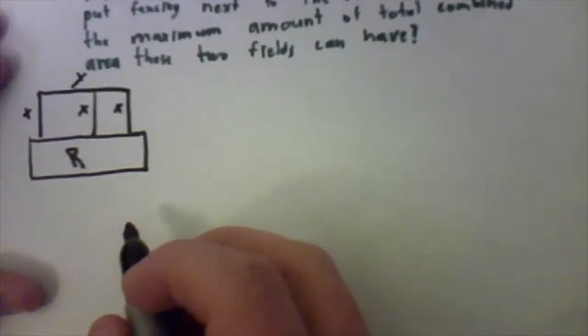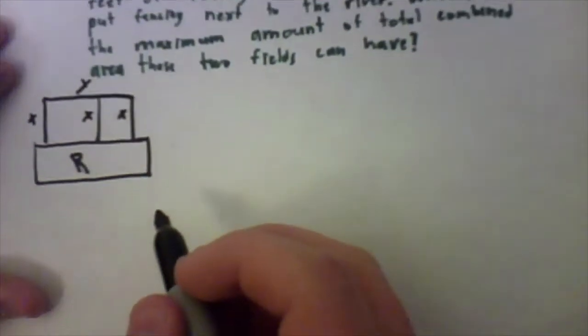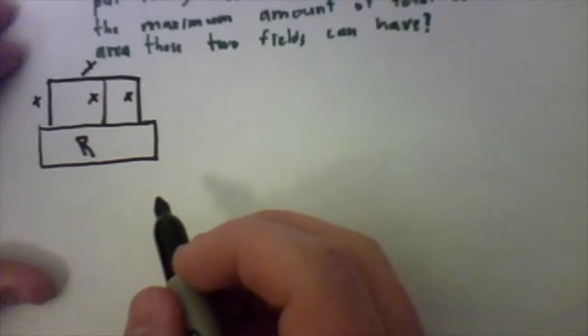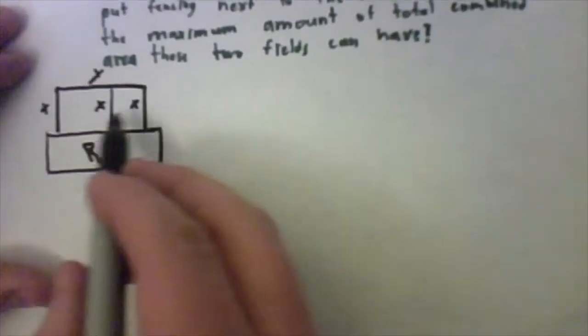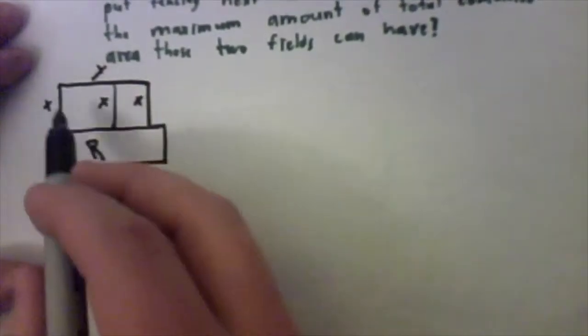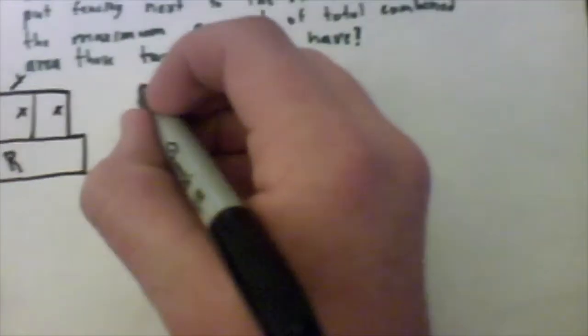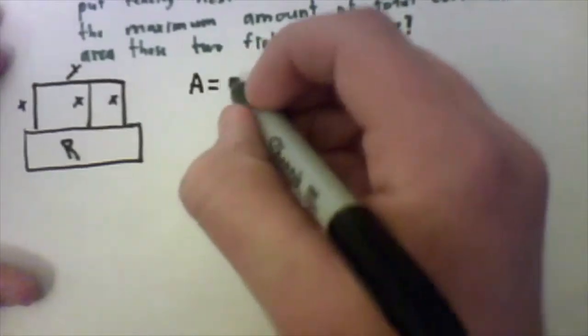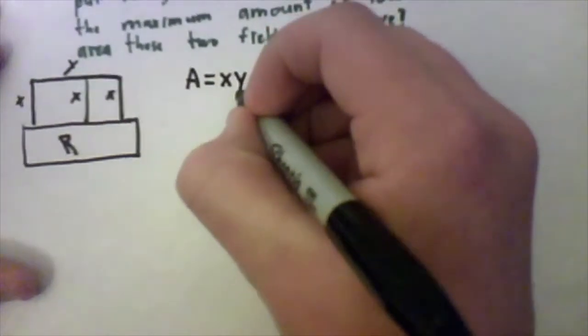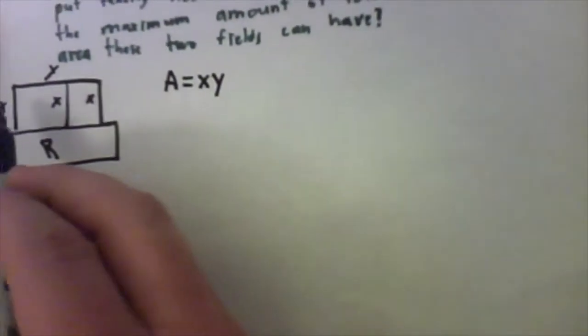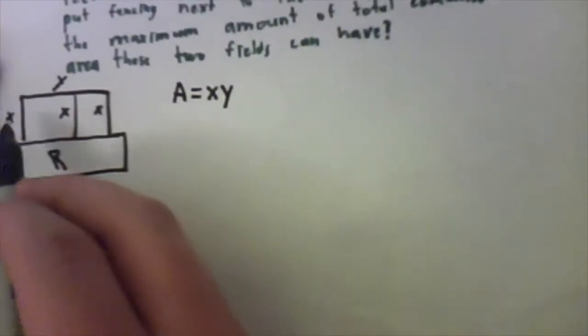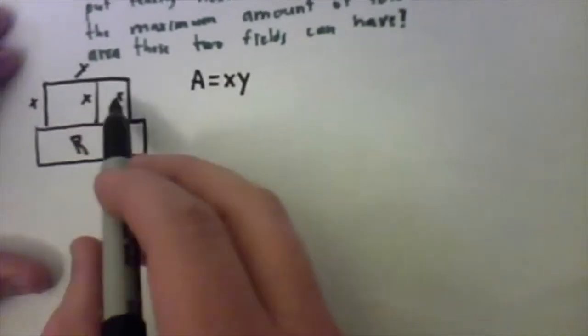So the first thing we want to do, now that we have our picture, is to create our equations. So we need to consider area, because that's what we're trying to maximize. So area of these two fields is just x times y. So area equals xy. Next, we should consider our perimeter. So our total fencing is 500, and here's the instances where fencing is used.